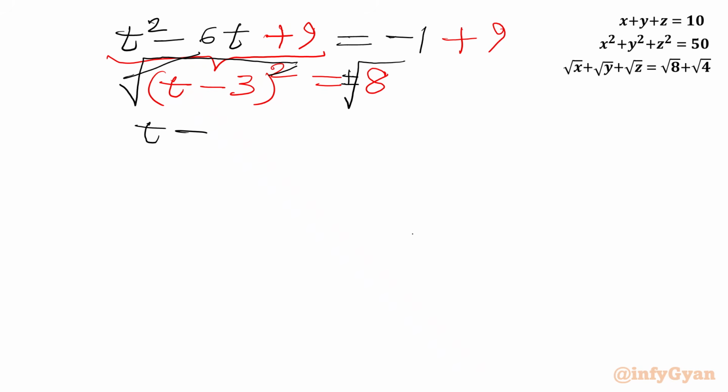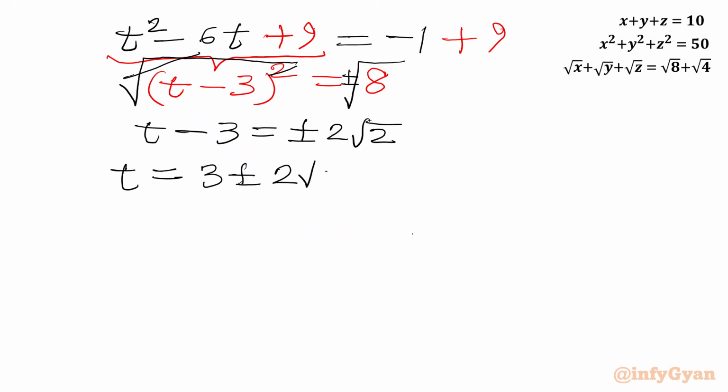We can write t minus 3 equal to plus minus square root 8, which is 2 root 2. Now we will add 3 to both sides and get t equal to 3 plus minus 2 square root 2. So overall we have t equal to 4, t equal to 3 plus 2 root 2 and t equal to 3 minus 2 root 2.